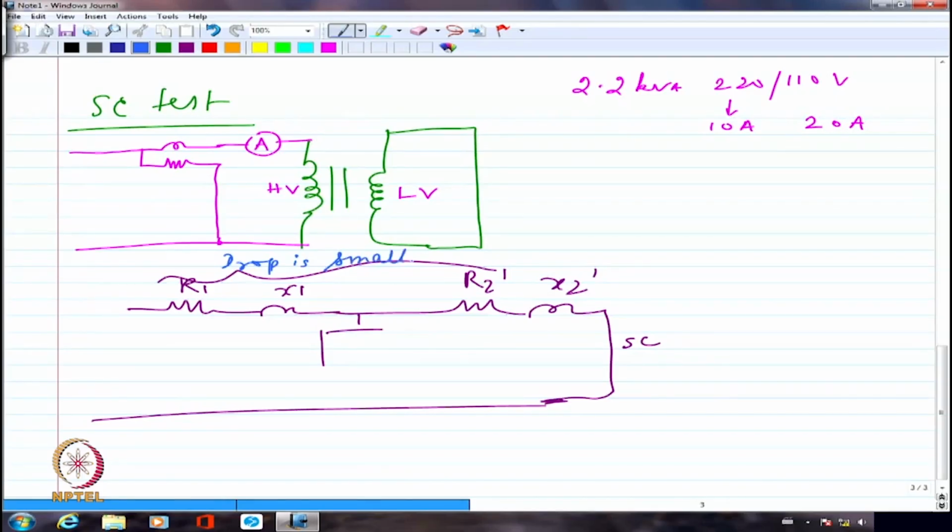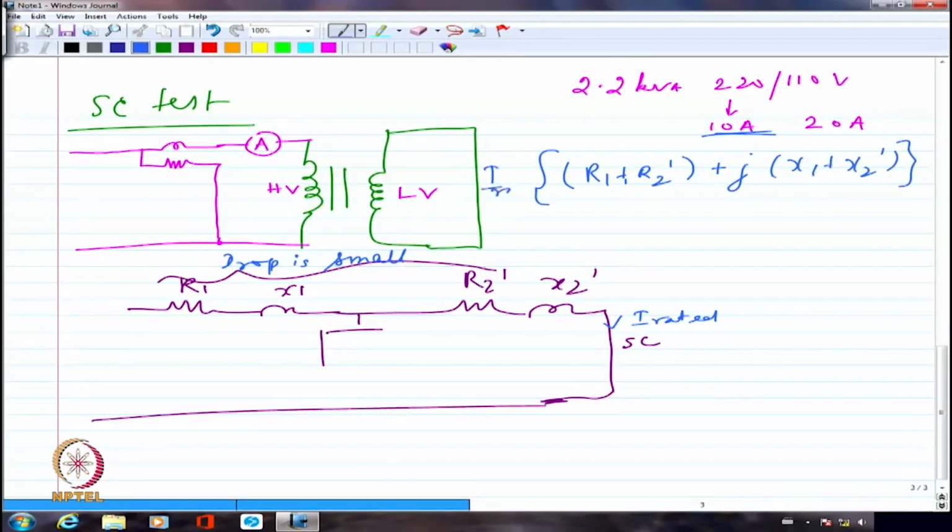So I would see that to pass rated current, now I want to pass only rated current. This is I rated. So in this case it is 10 ampere, for example. So I will have R1 plus R2 dash plus J into X1 plus X2 dash multiplied by I rated. This is actually whatever is the voltage that I have to apply on short circuit.